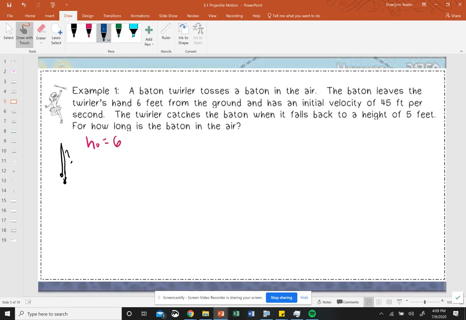Okay, what's our initial velocity or starting speed? 45 feet per second. That's important to know. Okay, and then gravity, we already know. And I think that's all the information we need to get started. So we want to know our final height. We actually know that. Our final height is 5 feet.